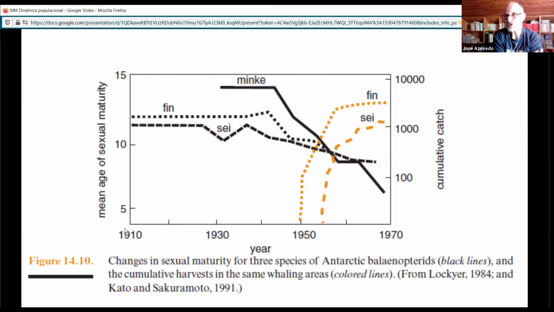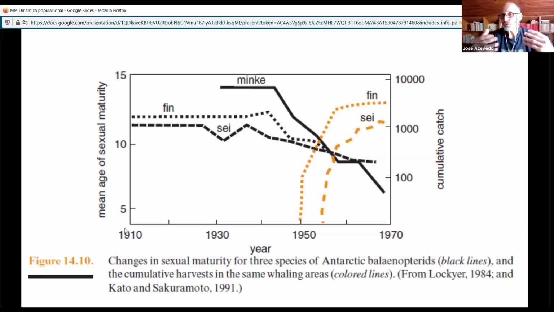For instance, we see in this graph an indication that the mean age of sexual maturity for female minke whales, fin whales, and sei whales decreased last century in correlation with hunting, right?